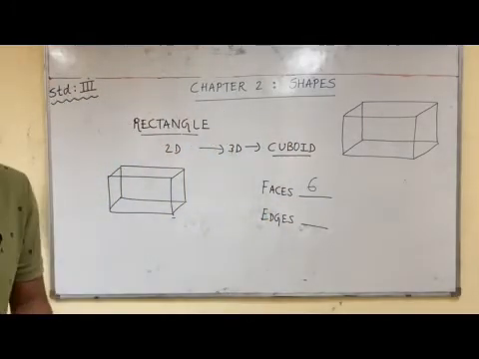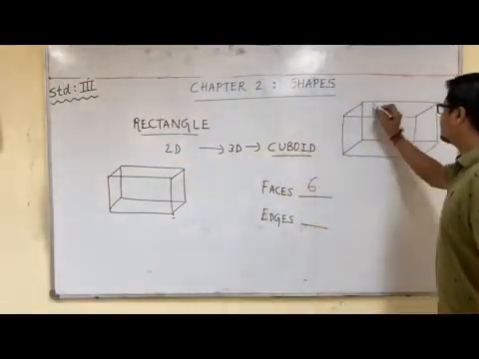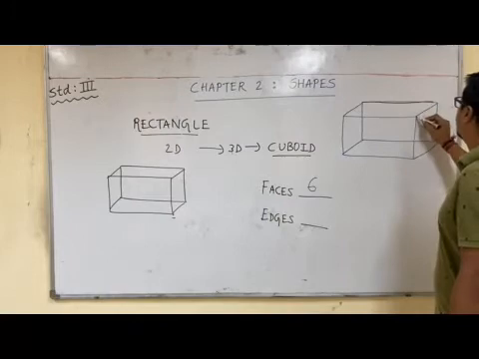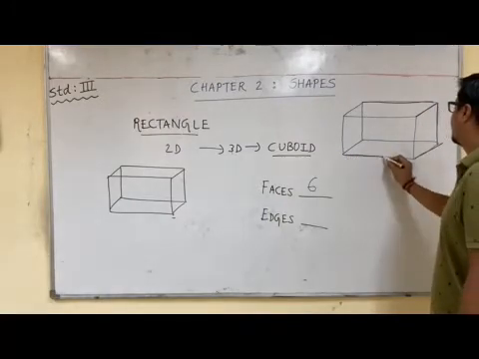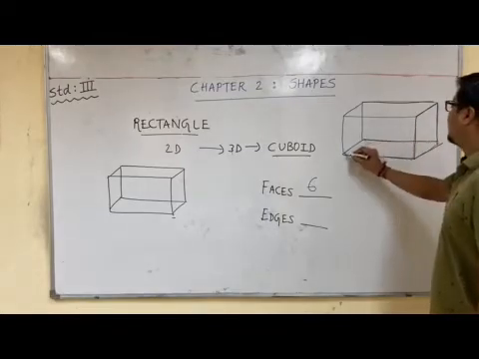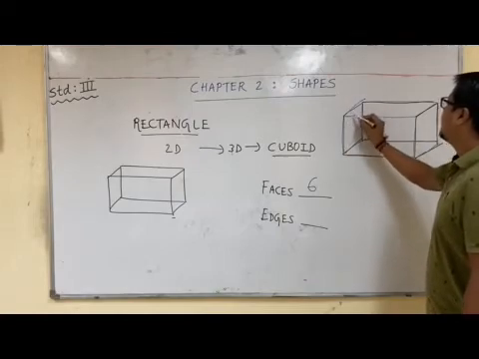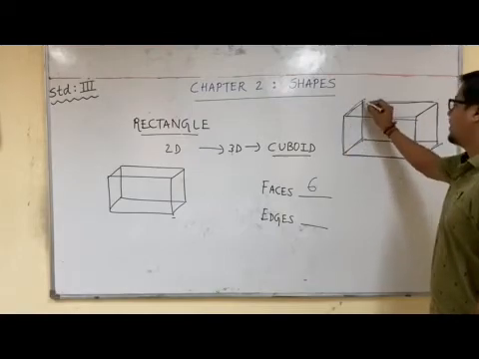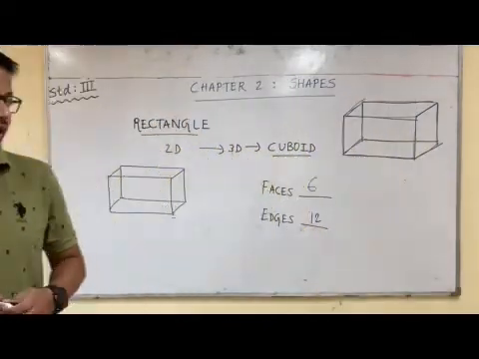We will use black ink for that. 1, 2, 3, 4, 5, 6, 7, 8, 9, 10, 11 and 12. So how many edges are possible? 12 edges are possible. I hope you are able to understand.